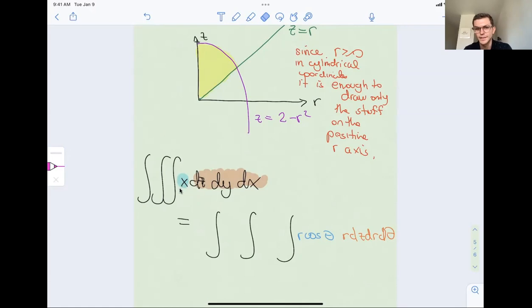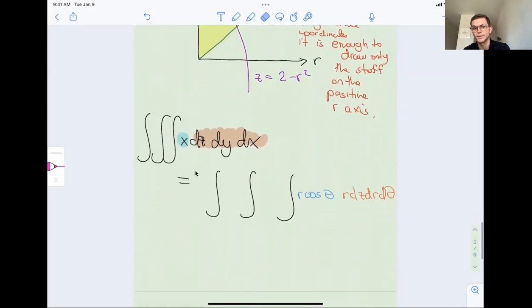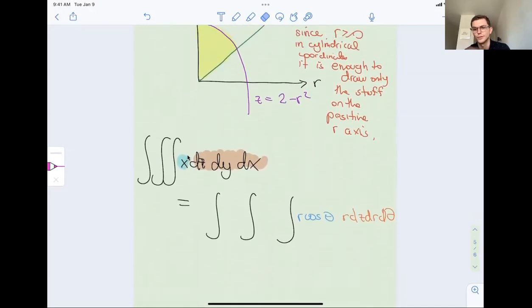Because there's an x here, and x depends on theta, you cannot forget about theta even if none of the equations had theta, because sometimes the function itself will have theta, and so it's always a triple integral. Is that okay?